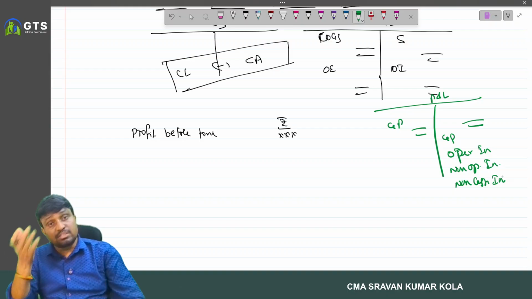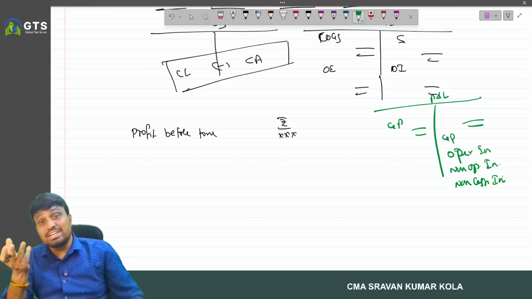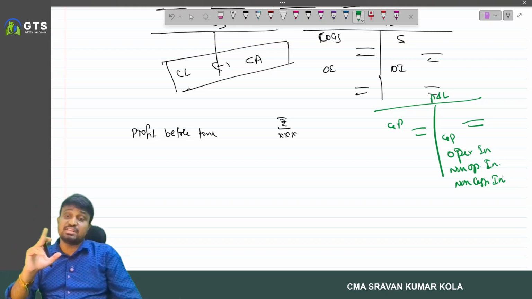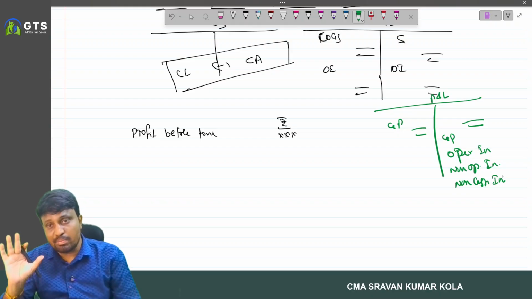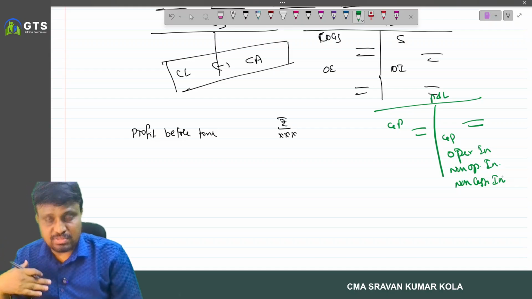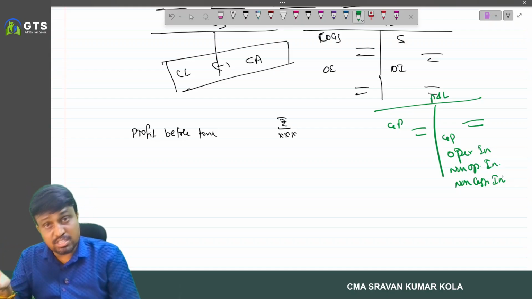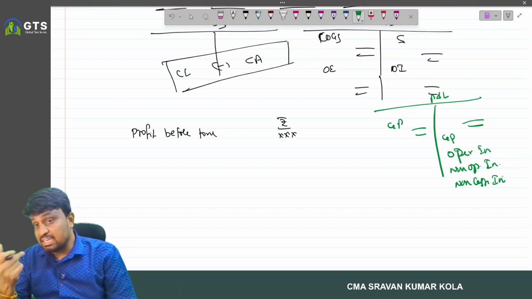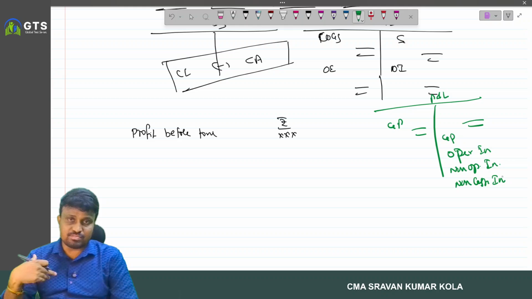Non-operating income is nothing but what? Rent received, if it is an investment property, is non-operating income. The best examples of non-operating income are interest income received and dividend income received. The best example of operating income is commission received. And non-cash income is like discount received.